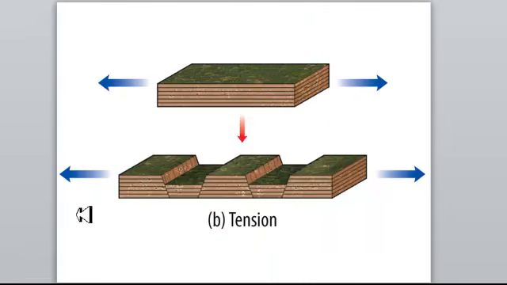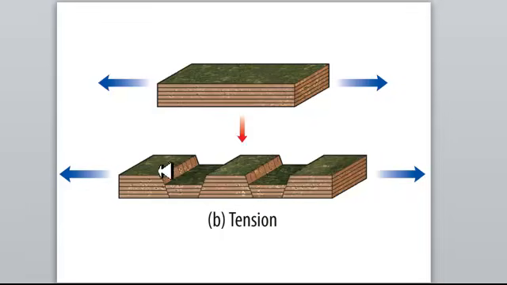So our next type of stress is tension, and you can tell from the blue arrows that tension refers to a pull-apart kind of stress. It's sometimes called extension or extensional stress. And we can see down here the result of subjecting rocks to tension over long periods of time.